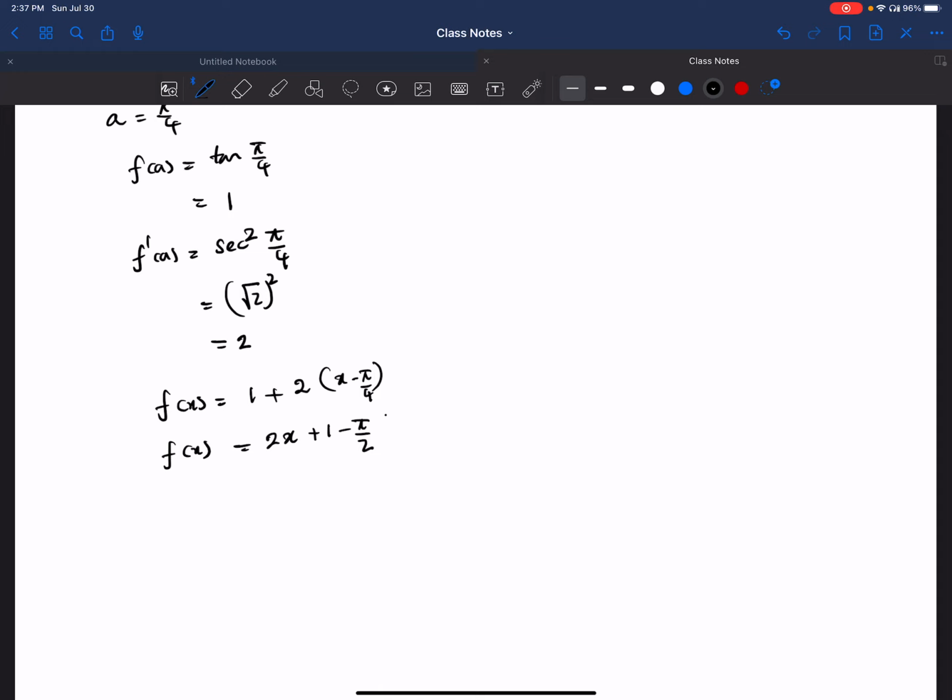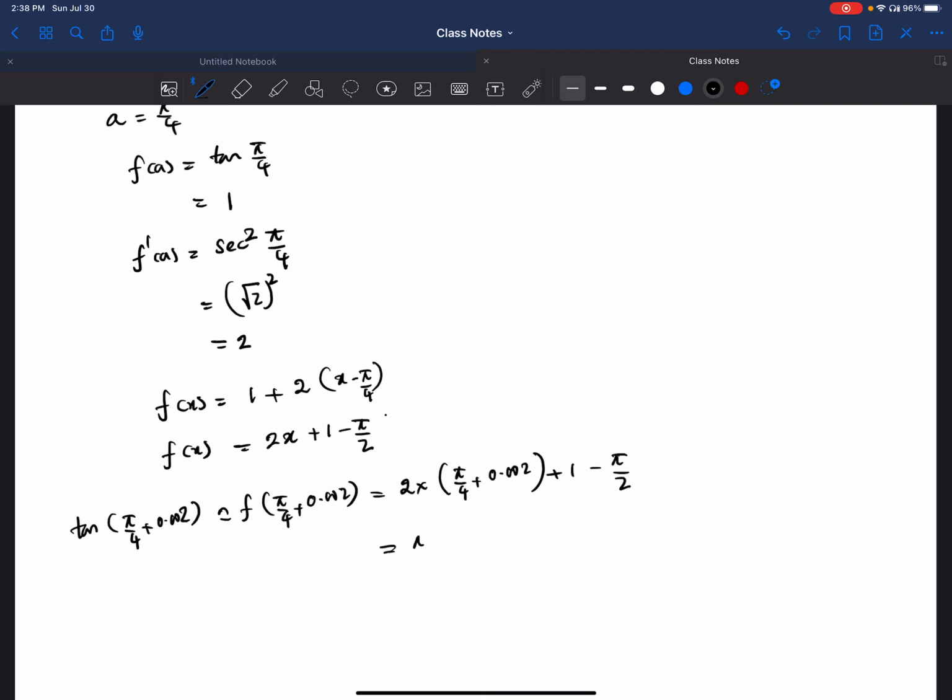So we need to find tan of pi over 4 plus 0.002. That is equal to f of pi over 4 plus 0.002, which is equal to 2 times x, which is now pi over 4 plus 0.002, plus 1 minus pi over 2.